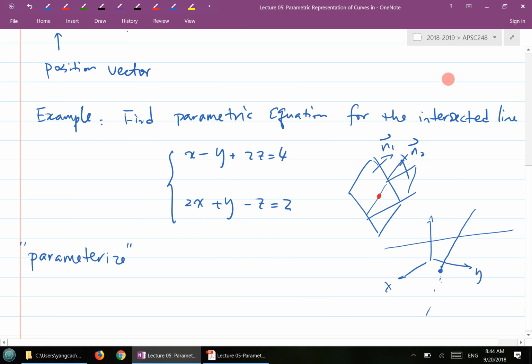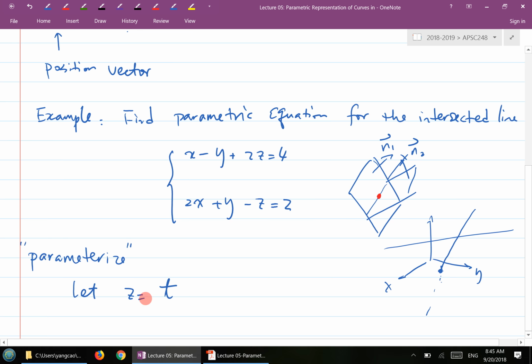So back to this question, this is what I'm going to do. Let's just try it out. I'm going to let z equal t, because that's a very possible solution, as long as this one is not parallel to the xy plane.